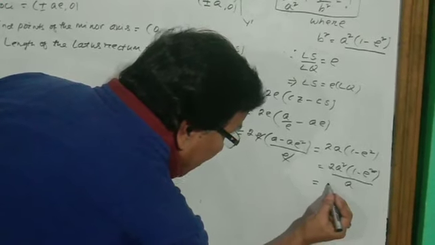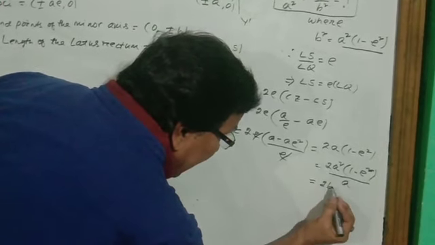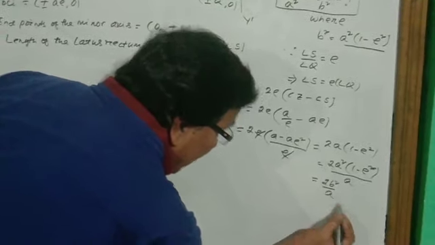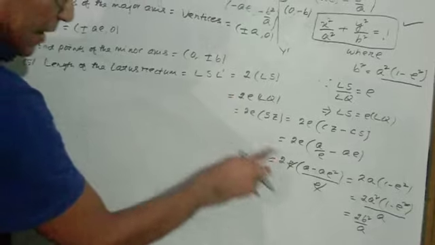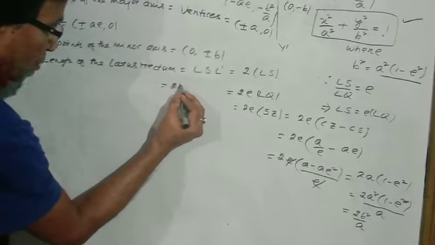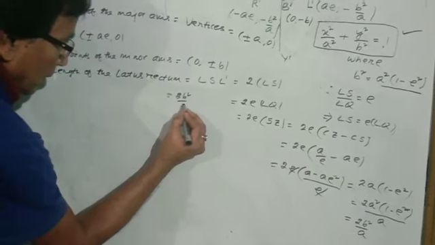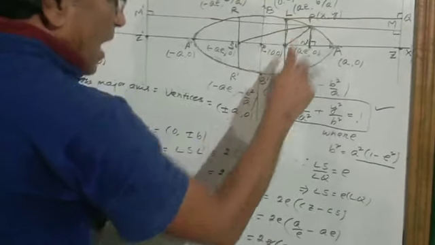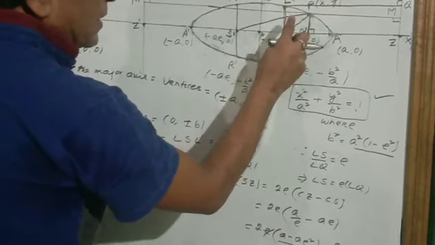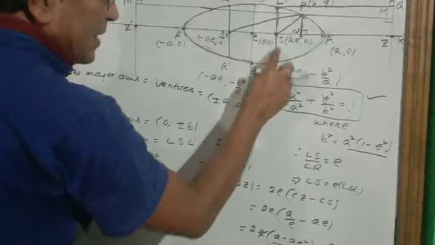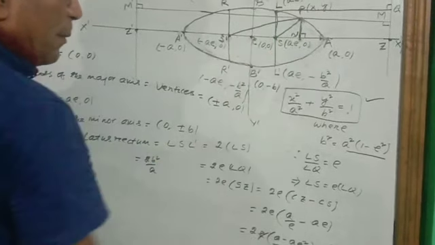That means it is equal to 2B square by A. So you remember that the length of the latus rectum is 2B square by A. So what is LS? It is half of LL dash, that means LS is equal to B square by A. Again L dash S is also B square by A.